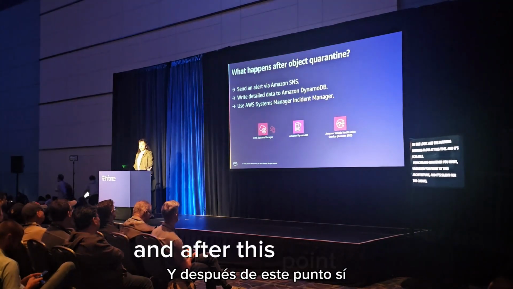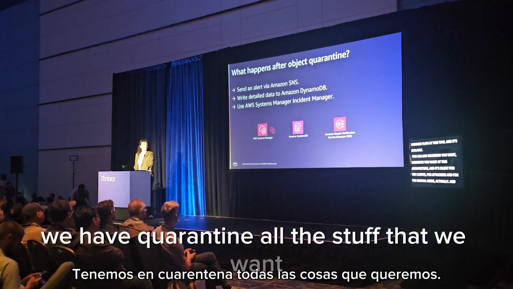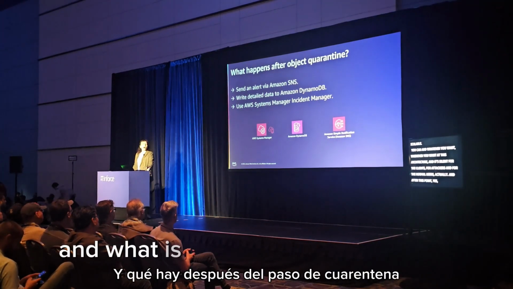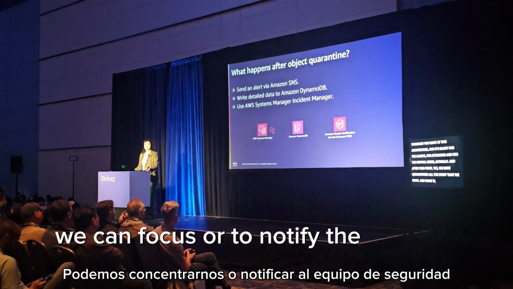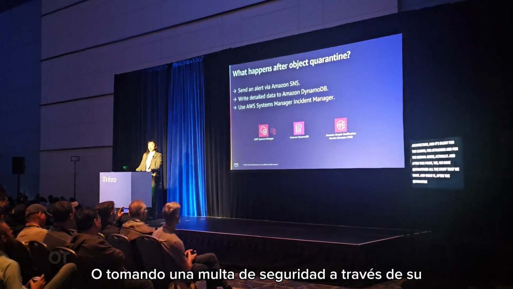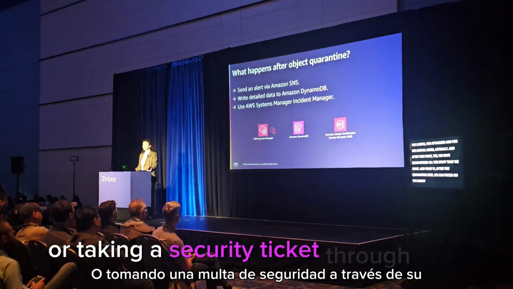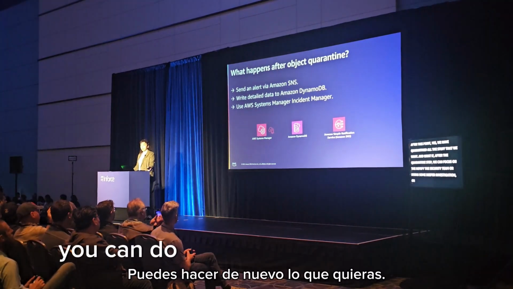And after this point, yes, we have quarantined all the stuff that we want. And what if? After the quarantine step, we can focus on notifying the security team, or doing some deeper investigation, or creating a security ticket through your security team. Actually, you can do again whatever you want.